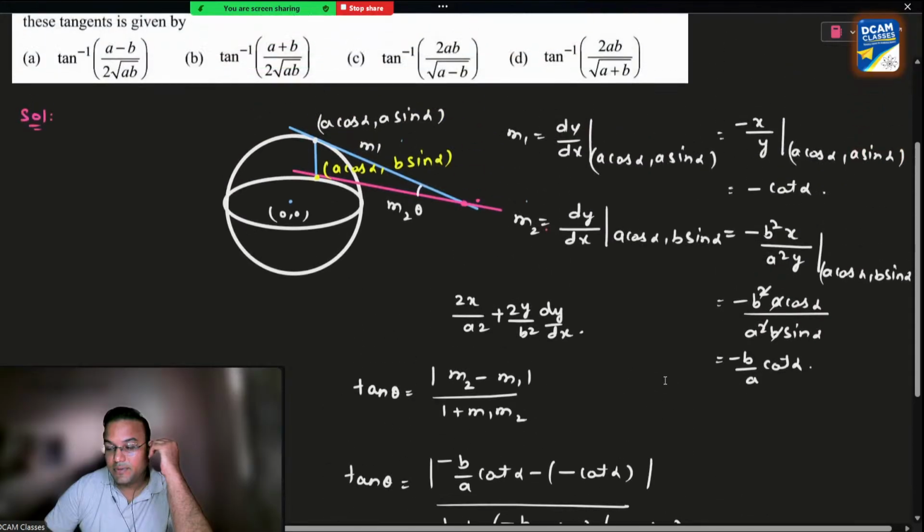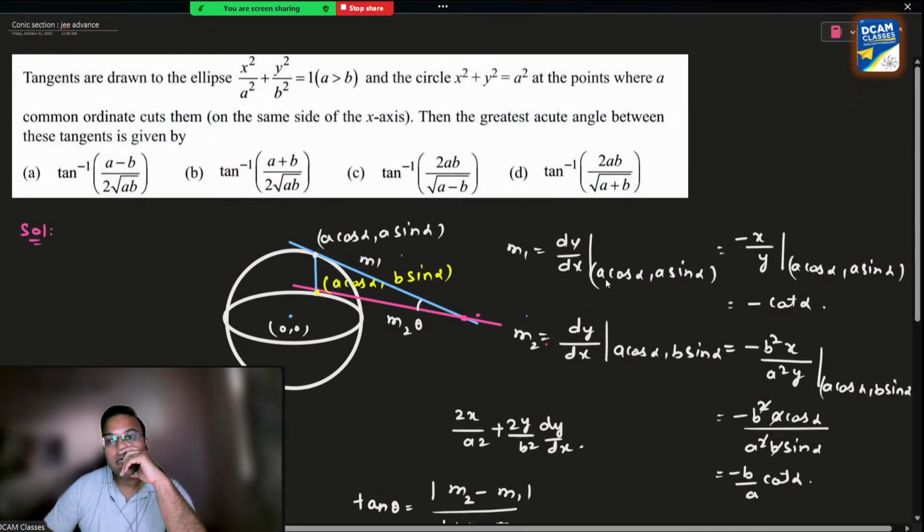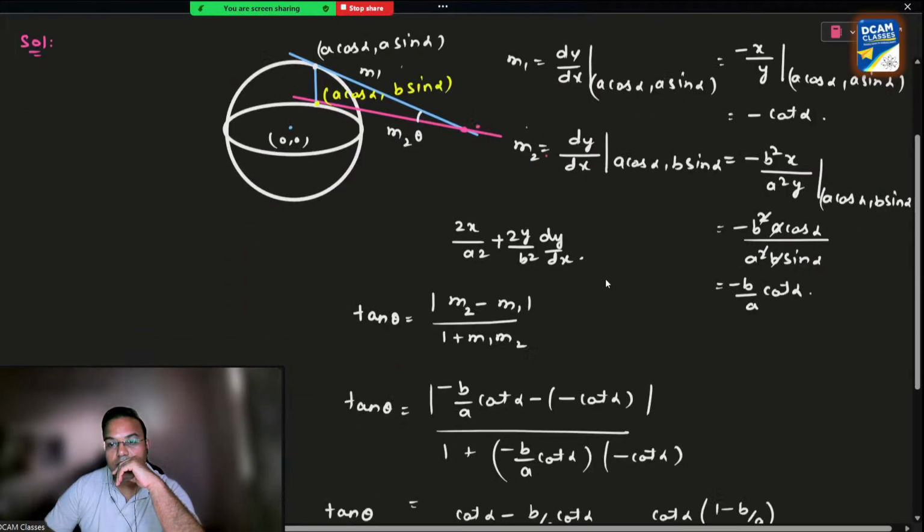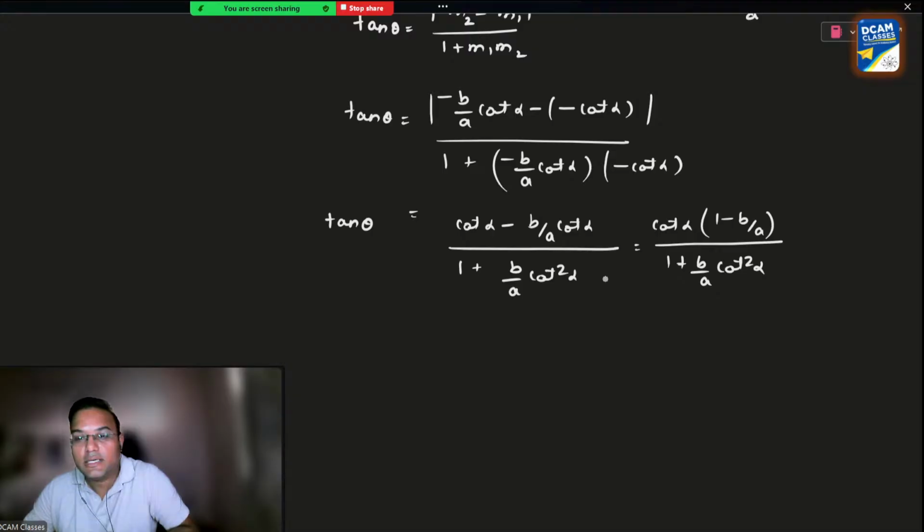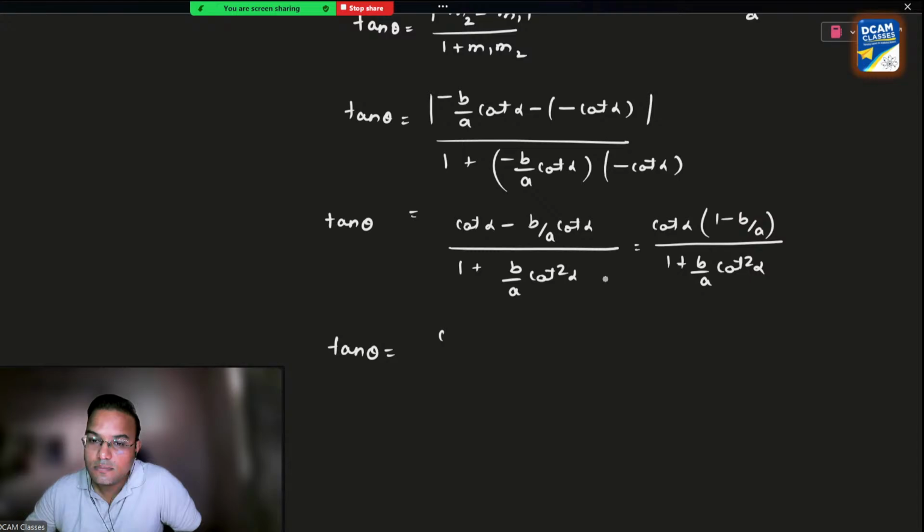Now, what they have given in the question, the greatest acute angle between these tangents. You have to make this tan theta greatest. How will we do it? I can do one thing.